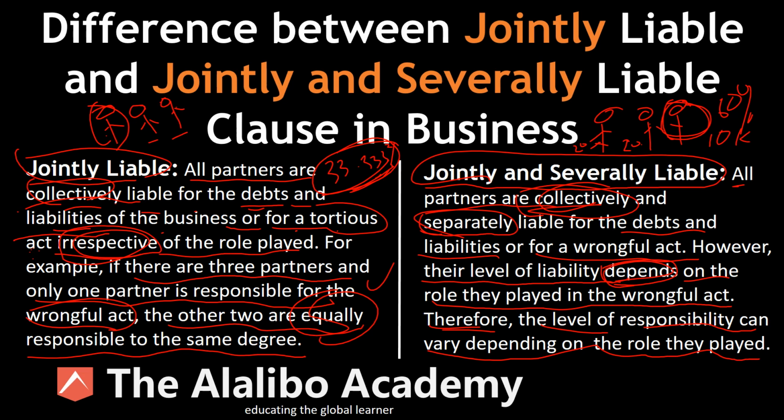In the second one, you are responsible to the level of your contribution. So this really holds the partners accountable. Even jointly liable also holds the partners accountable, because you know that you have to be very careful. And if you're not careful, your partners are responsible even though they have not contributed to the wrongful act, and they could be very upset, and that could really ruin the partnership and compromise the partnership.